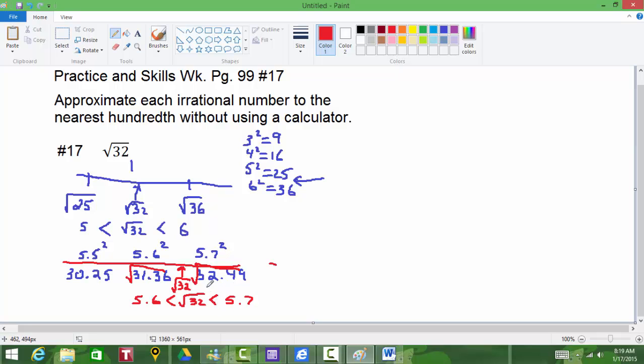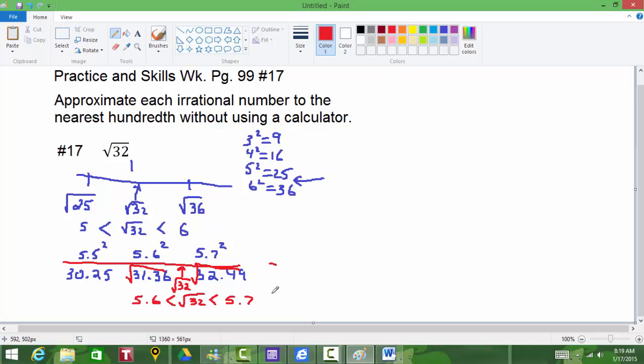Okay, so what we've done now is we've got a better estimation that the square root of 32 is between 5.6 and 5.7. Well, problem is that's getting us a little bit closer. We're getting closer to our hundredths, but we're actually only at tenths, so we're going to have to find a number in between those two.